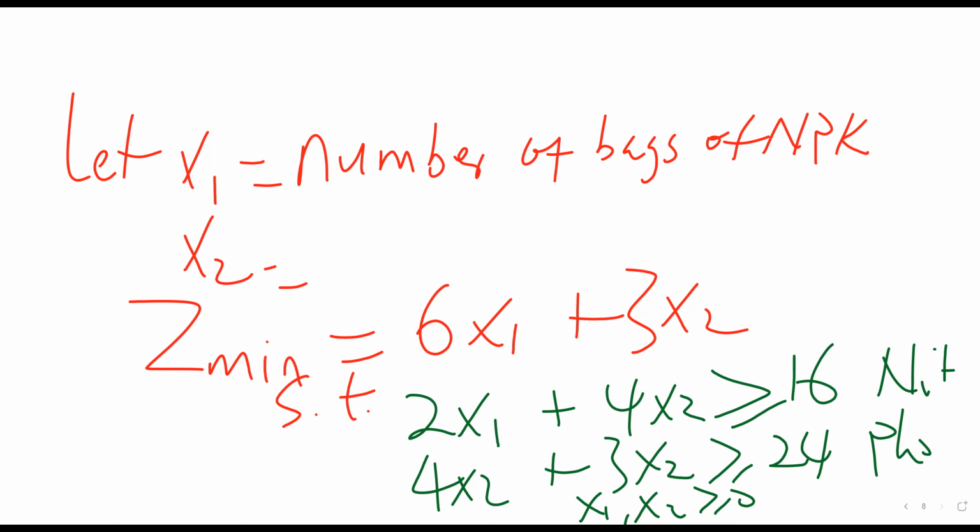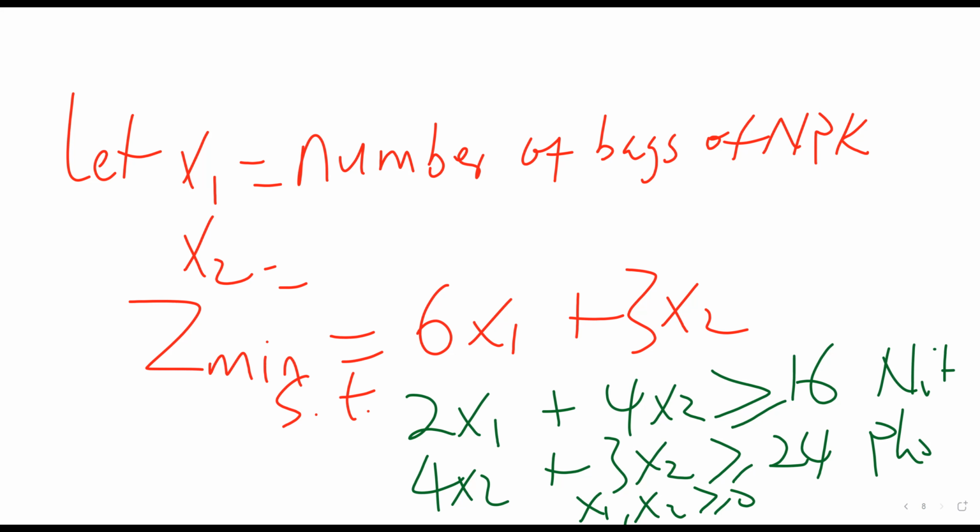What is the minimum requirement of nitrogen that was used to produce this? Yes, Francis. Okay, Doc. So that would be 2x1 plus 4x2. That's good.